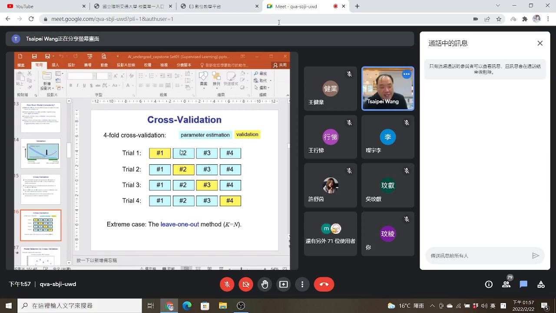But by doing this, you actually use every sample in your data set once for validation. The number of trials is called the number of folds in cross-validation. So in this case, it's called four-fold cross-validation. You repeat the process, but you don't just use one of those models.